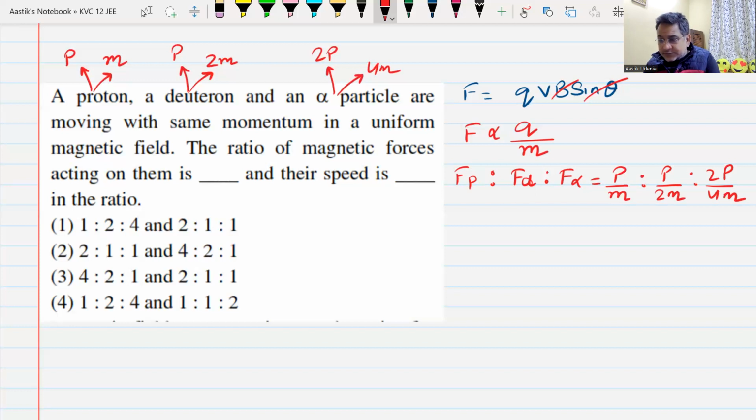Ratio of the forces. The ratio of the forces is coming 2 is to 1 is to 1. As soon as you get this, there is one option only which has this correct one, and that is option number 2. So, my dear friends, option number 2 is the correct answer.